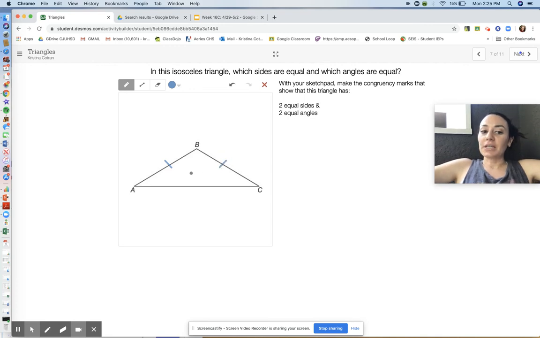Now the angle that is opposite of AB is angle C. Boom. So those are the congruency marks. Angles, you make that little half circle, and with congruent, which means equal, sides, you make a little line.